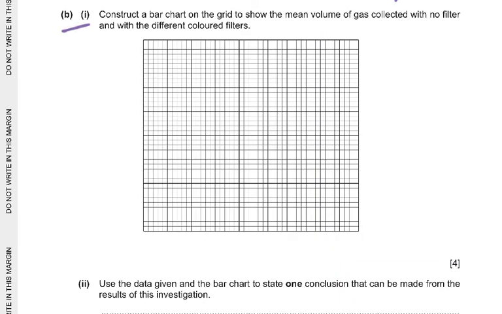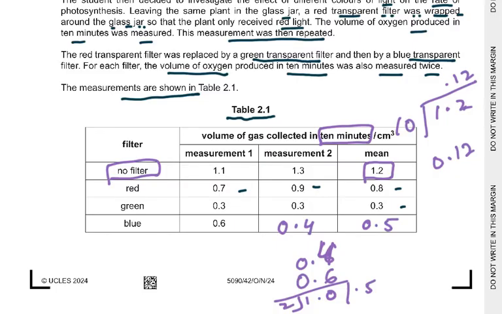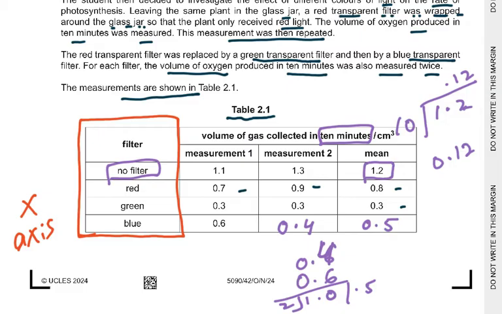Then it says B part 1, construct a bar chart on the grid to show the mean volume of gas calculated with no filter and with a different colored filter. So we have to plot the mean volume. The rule that we follow is that the first column is the independent variable and that always goes on the x-axis.